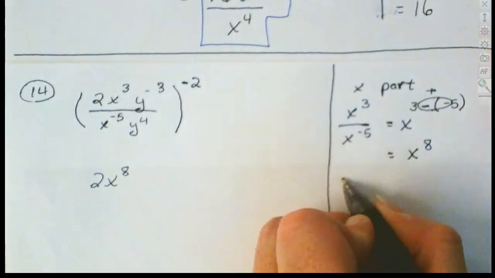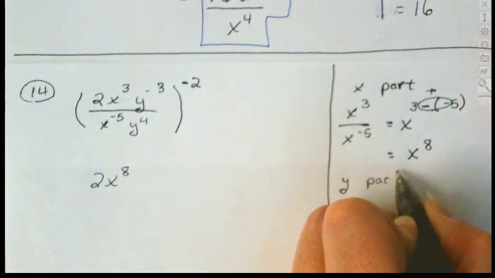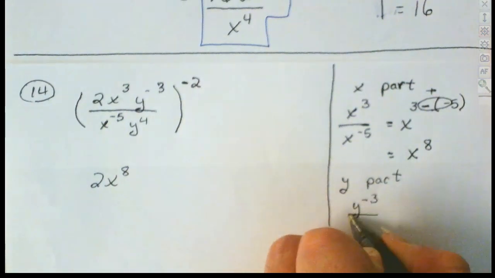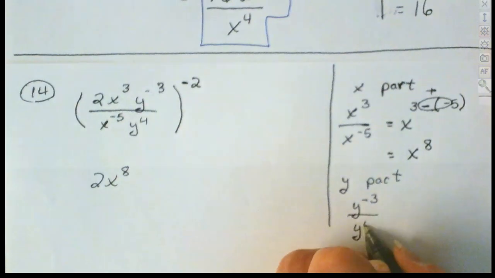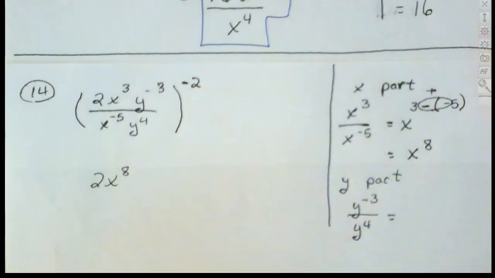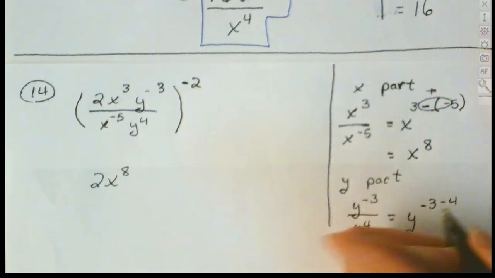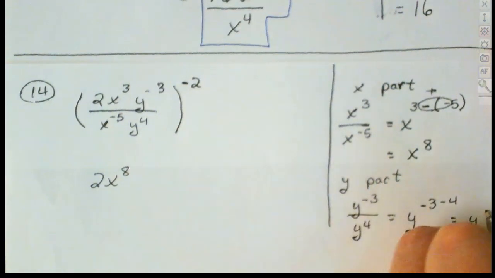Then we do the y part. For the y part, we have y to the negative third over y to the 4th. So these again subtract, and that's y to the minus 3 minus 4 power, which is y to the negative 7th.